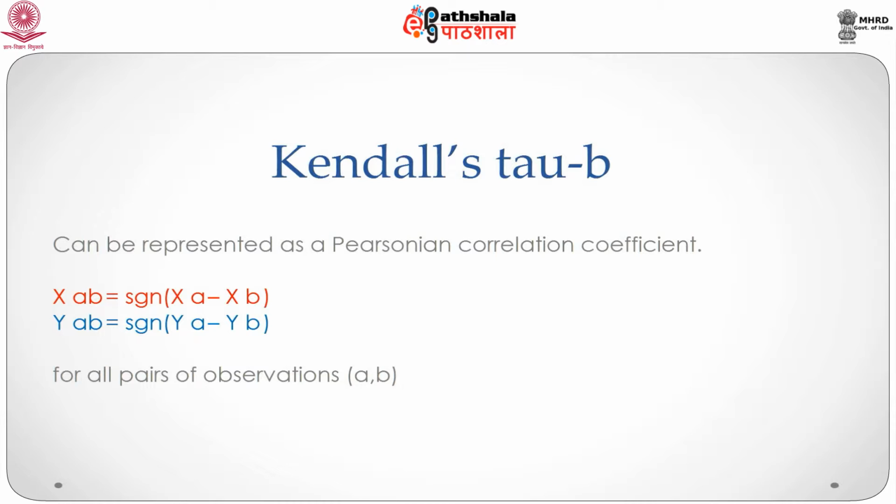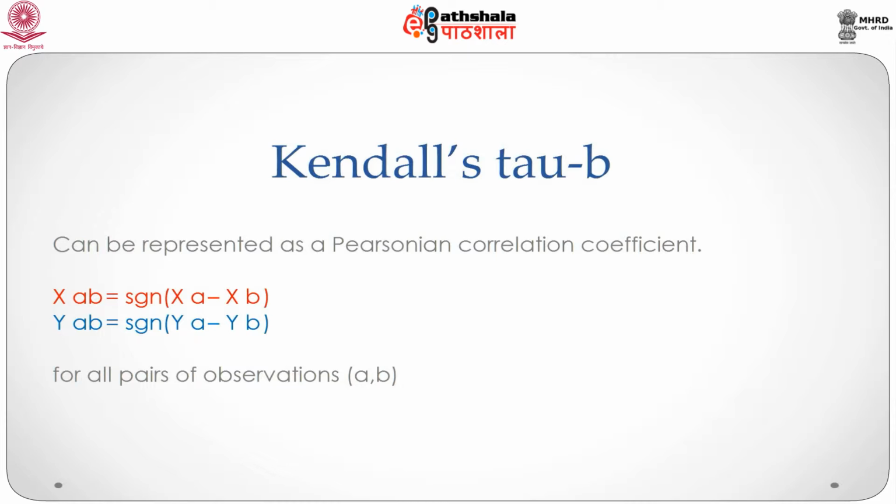Similarly, y_ab is equal to the sign of ya minus yb, and this is equal to minus 1 if ya is less than yb, equal to 0 if ya is equal to yb, and equal to plus 1 if ya is greater than yb. We calculate the value of x_ab and y_ab for all pairs a, b.